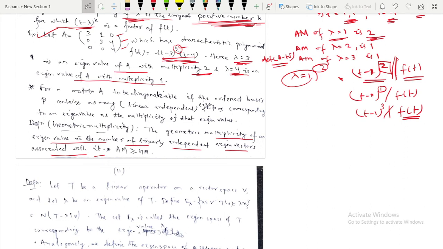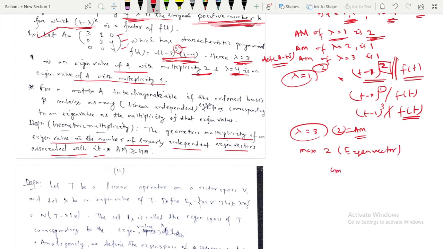And what is its geometric multiplicity? If we find the corresponding eigenvectors for lambda equal to 3, you will get some eigenvectors. Since it is repeated twice, its algebraic multiplicity is 2, so maximum you can get 2 eigenvectors.